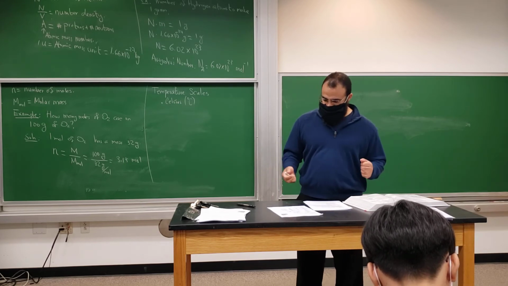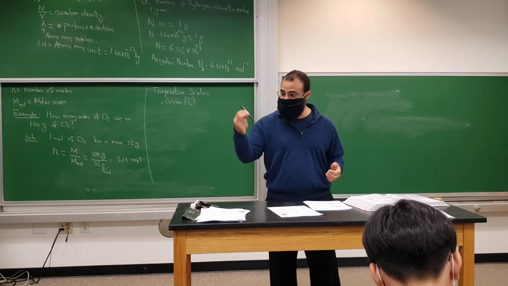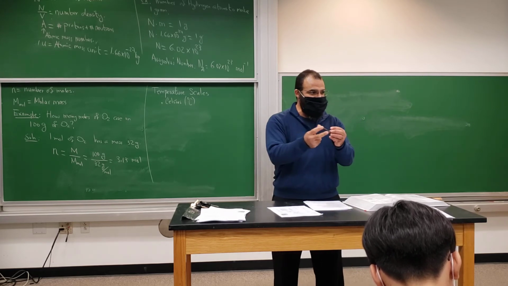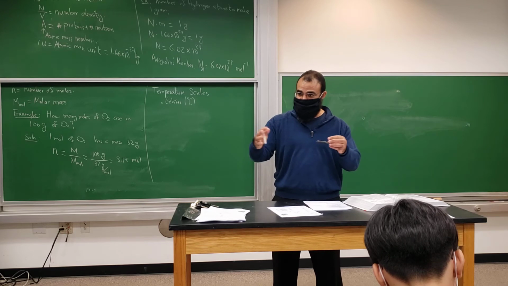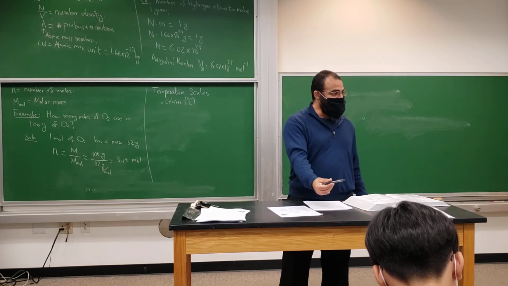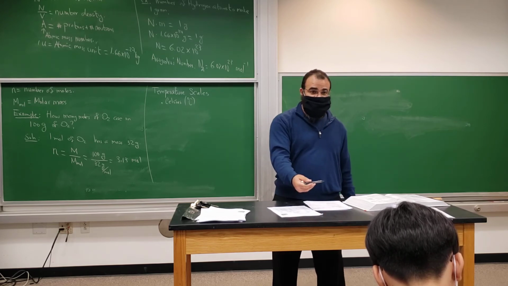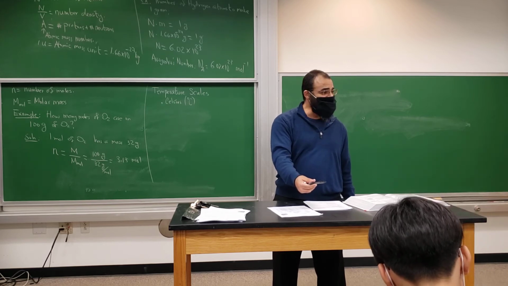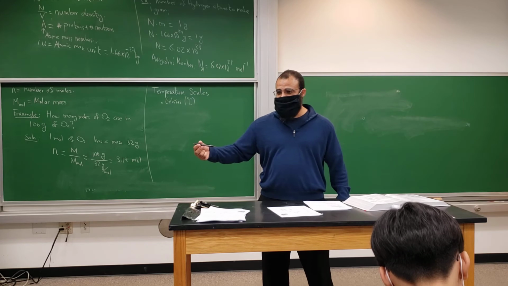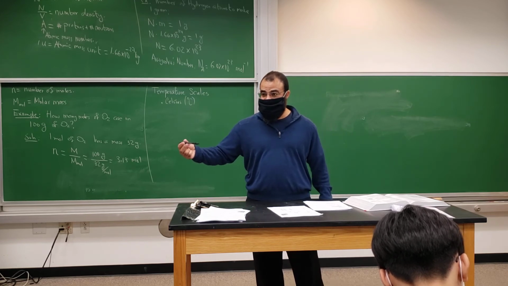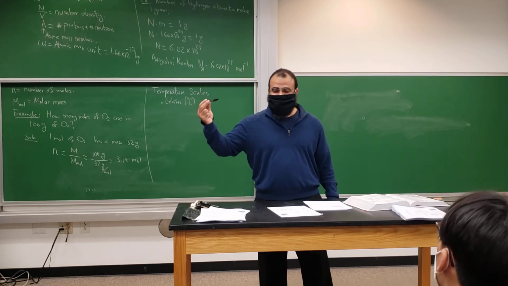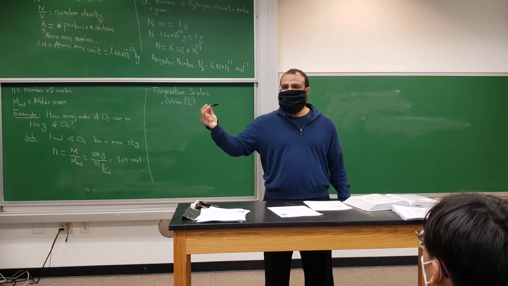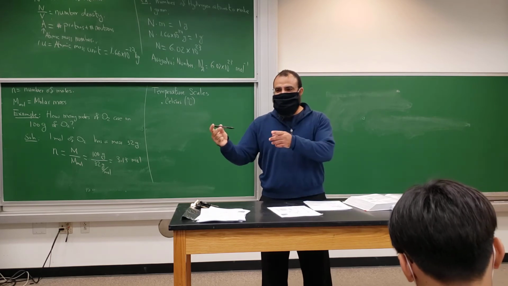So let's say I take this pen, and assume the pen shrinks and elongates appreciably. I put it in freezing water, 0 degrees, and I measure the length. And then I heat it to boiling water, assuming this doesn't melt. It's plastic, so it probably would melt. But assume it doesn't. It gets longer.